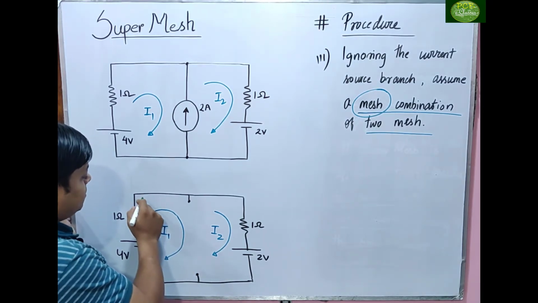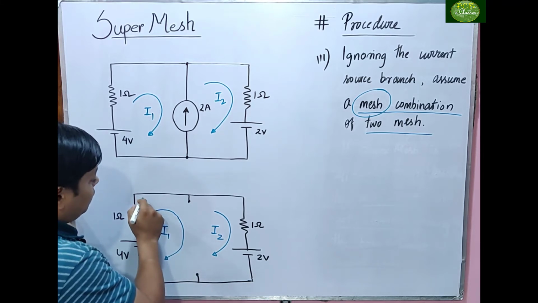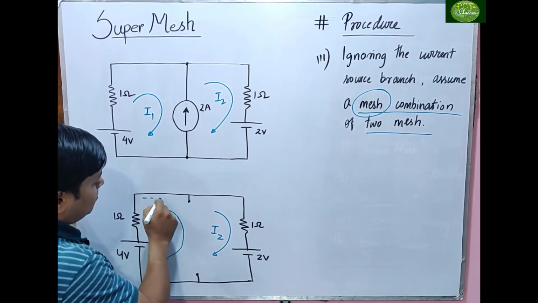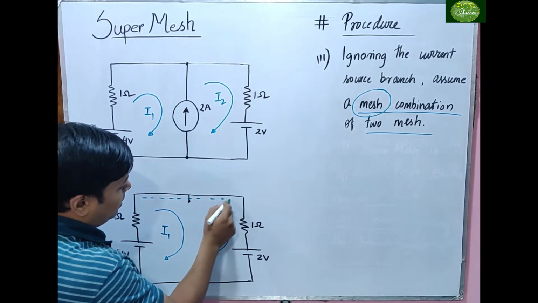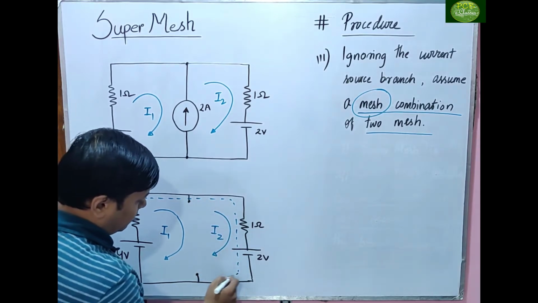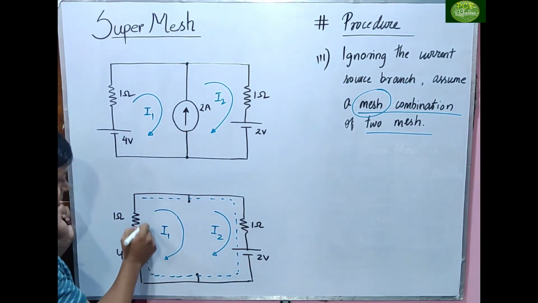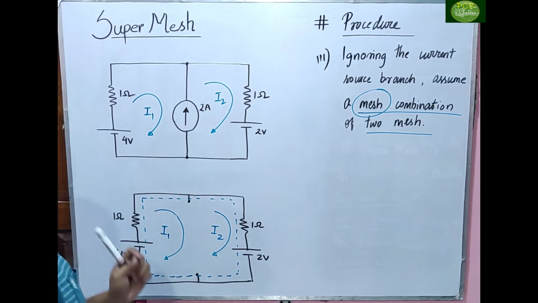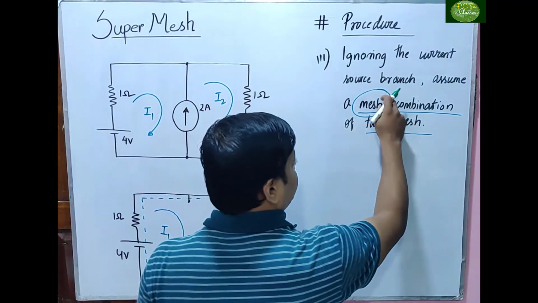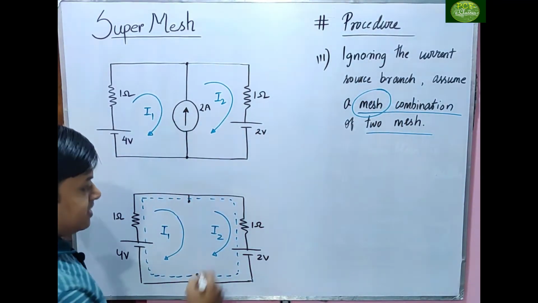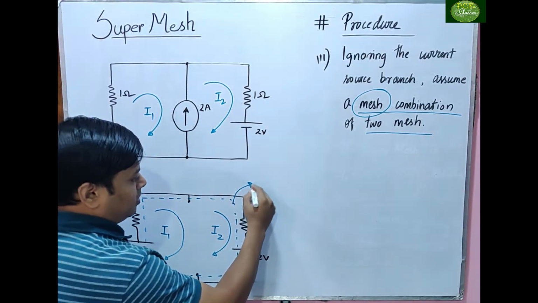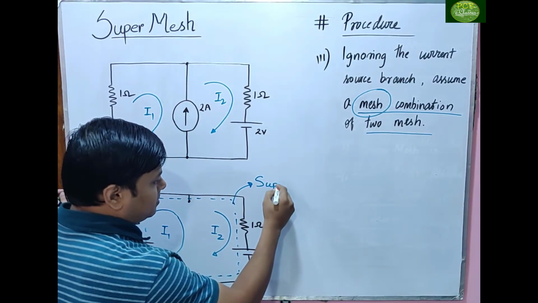Next. Then what will be my mesh? My mesh will be the entire one. This entire one will be my single mesh, and this mesh is said to be the super mesh.